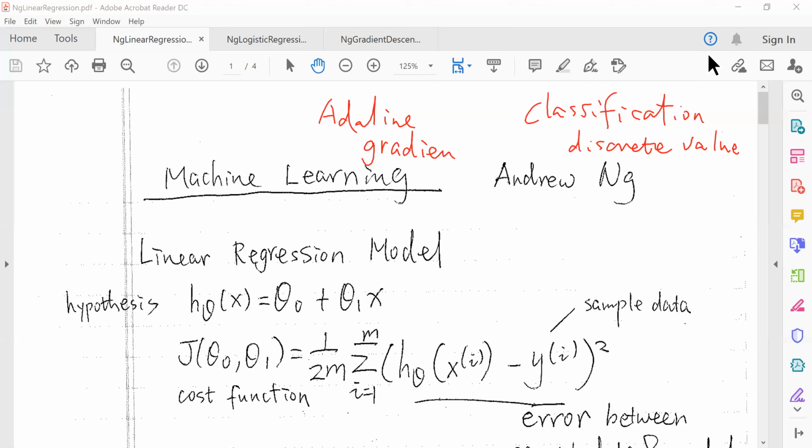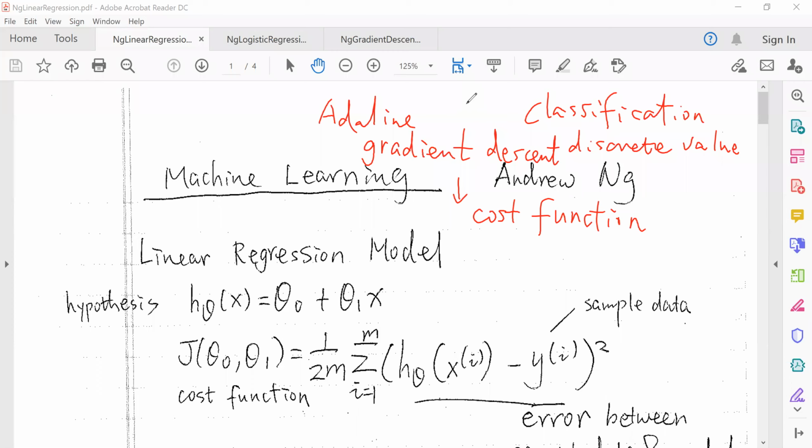If you still remember, the gradient descent has a major concept, which is the cost function. Who remembers what the cost function is?